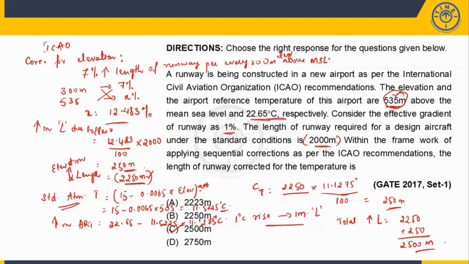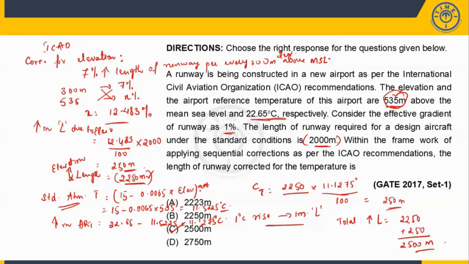After that, we will be carefully checking how much more is airport reference temperature in comparison to standard temperature. So we have subtracted 22.65 with standard temperature. So we got 11.1275 degrees centigrade.